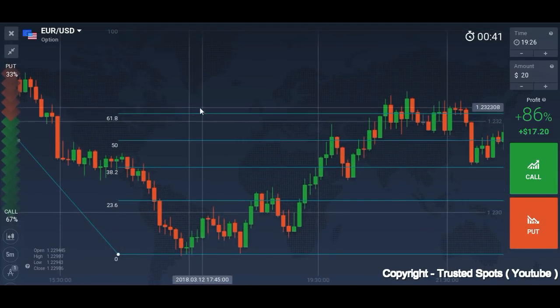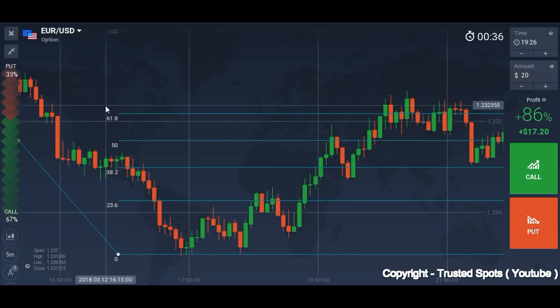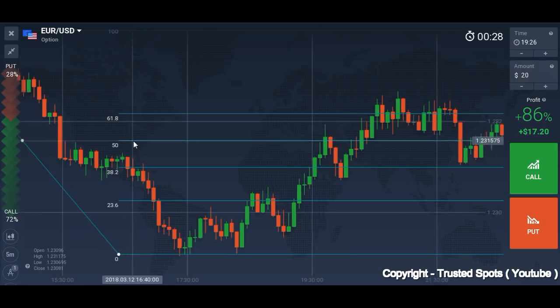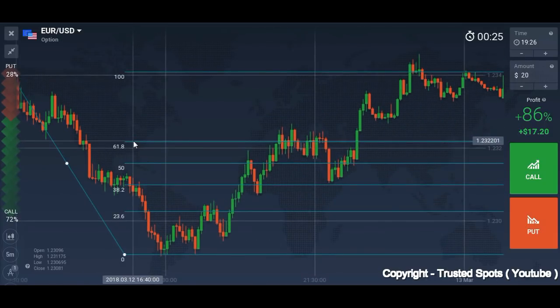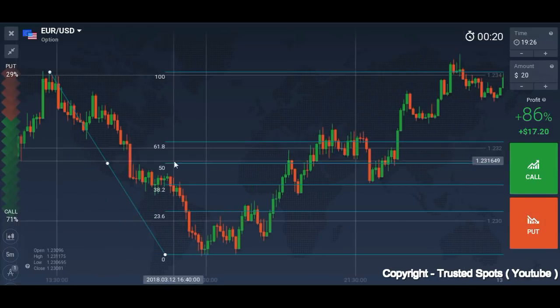It will be the last level, and that's why this is very important, because this is the last chance for the sellers to enter the market, and that's why they make the trend continue. You will find several examples of trend reversal from 61.8 because it is the last level. It is about downtrend, as you can see.